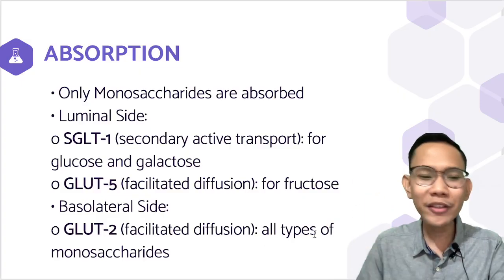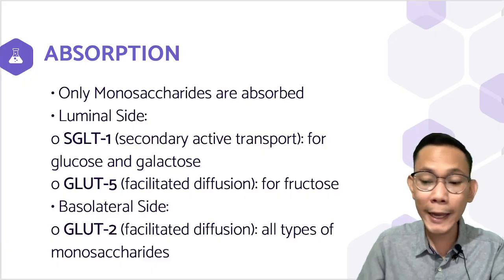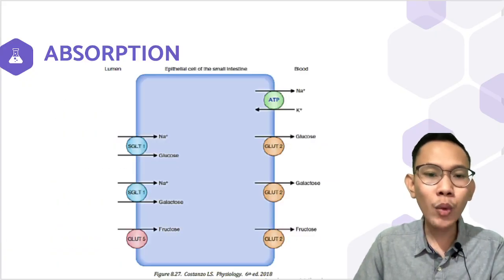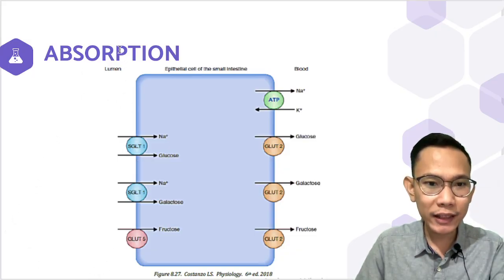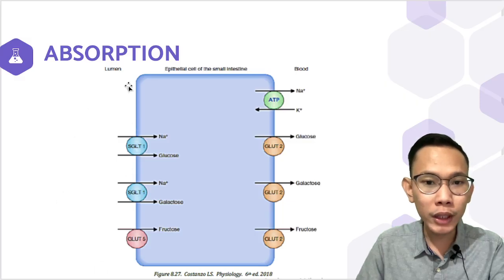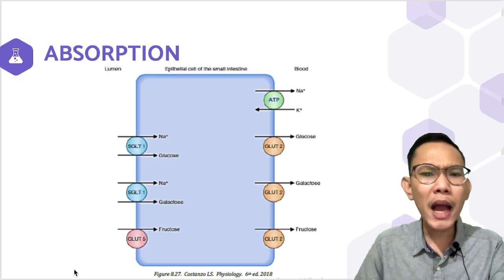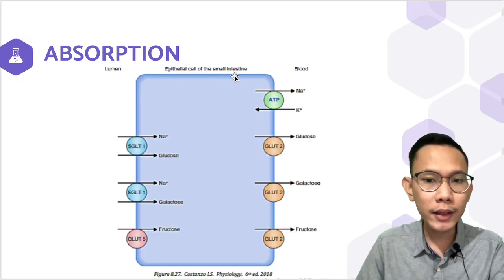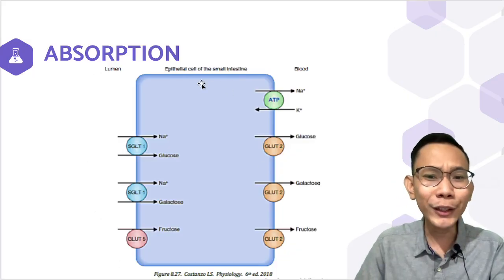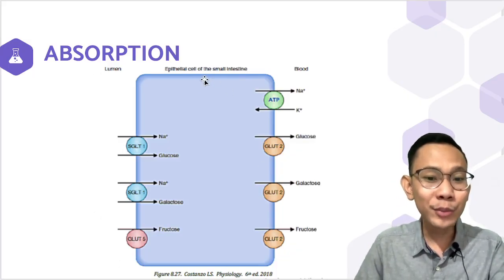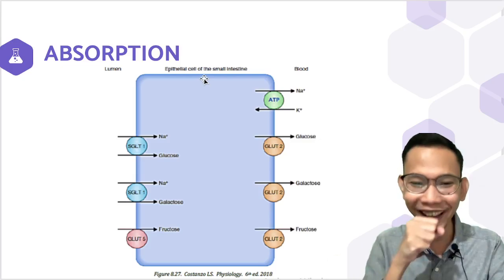Sige lang, I'll have a better picture on that para mas lalong maintindihan. This one, sa luminal side, of course, this is your small intestine. At this part, lumen ng ating small intestine. Paano siya makakapasok sa ating epithelial cells of the small intestine bago makapasok sa blood? Of course, hindi siya pwedeng from lumen, agad-agad blood. Of course, it has to enter the epithelial cell of your small intestine.